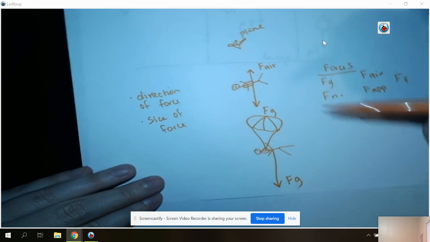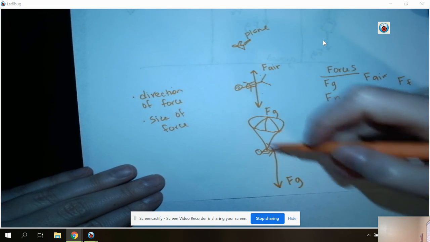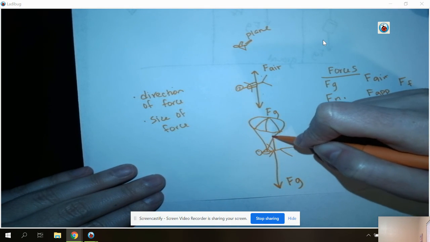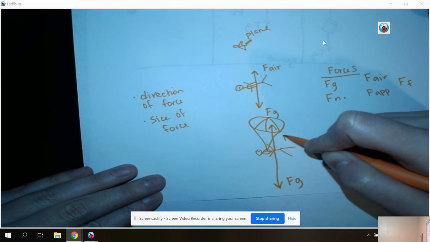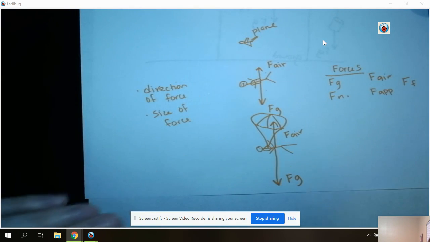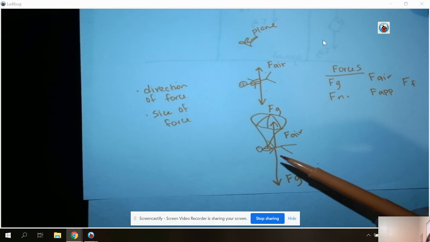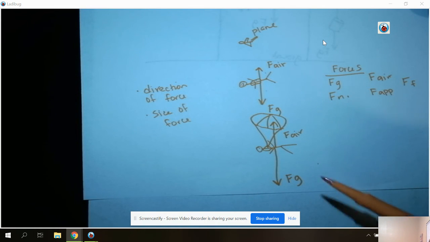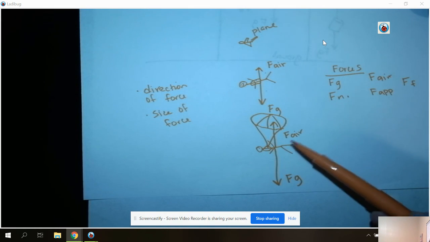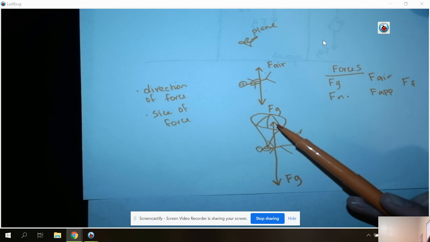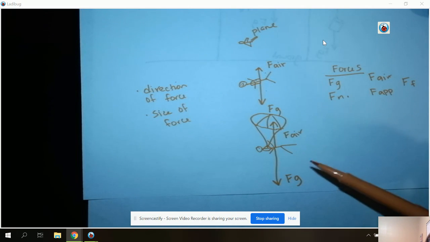They're still accelerating in this direction, okay? But my air resistance is now larger. In fact, it's large enough that I am slowing down. So I'm still going faster this way, but I'm not going quite as fast this way. That acceleration from 10 meters per second squared, which means I fall an extra 10 meters every single second, is now maybe reduced. After a while, this force, this air resistance force, is going to equal the force of gravity.